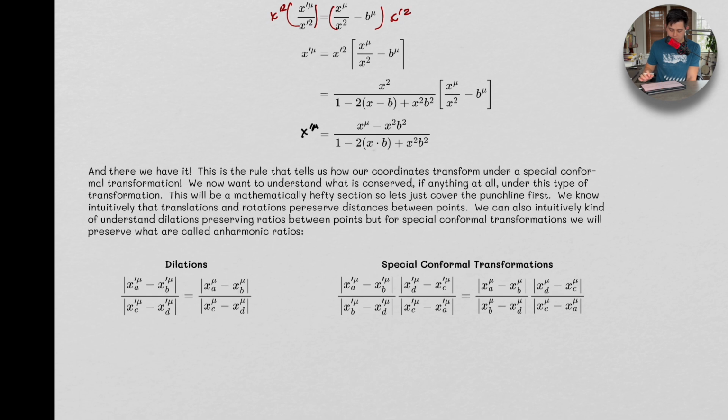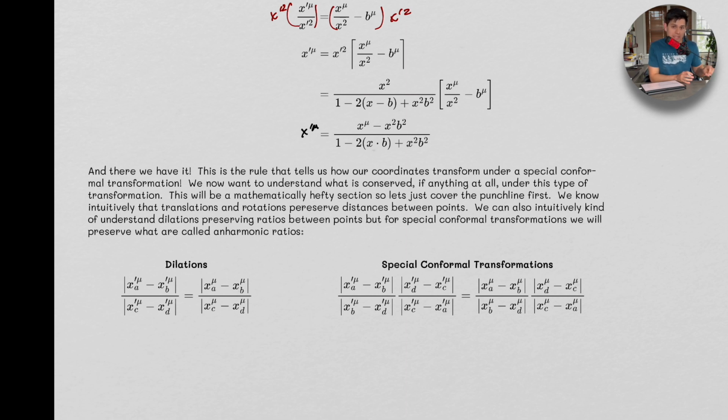We now want to understand what is conserved here, if anything at all, under this type of transformation, right? So again, the idea being that we do the transformation, we want to know now, is there any sort of geometrical insight that we can get from this transformation that remains invariant?